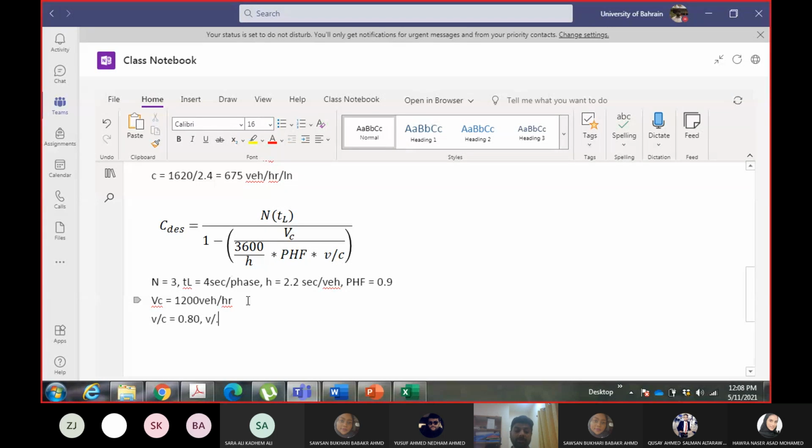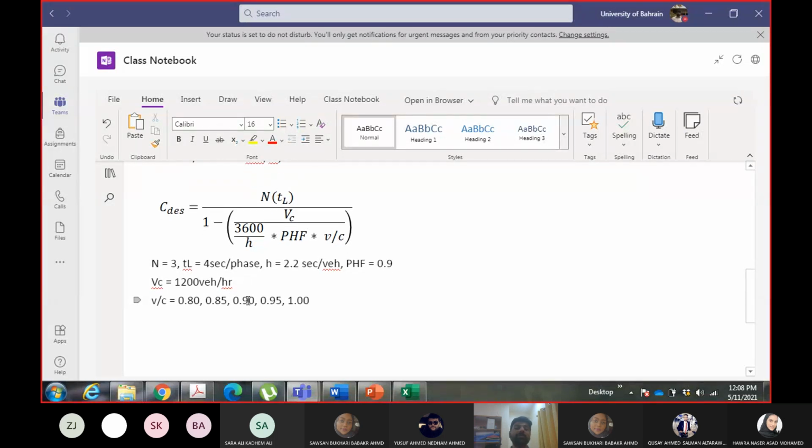V by C, 0.8. So you will put V by C ratio 0.8, then 0.85, then 0.9, and so on. So you will have different C desirable values. You will have 5 values for C desirable.